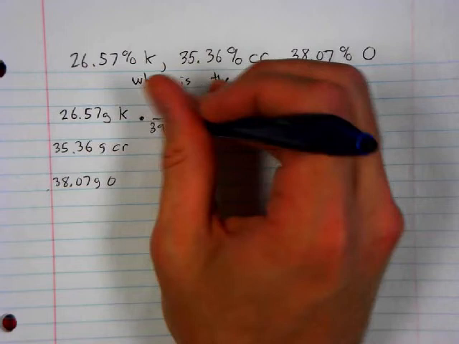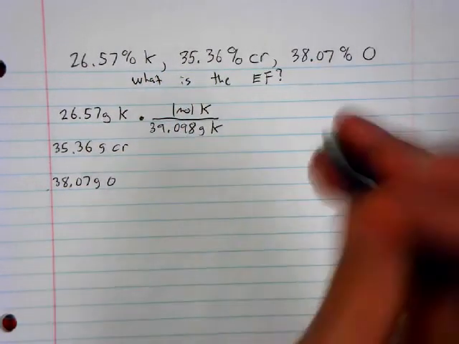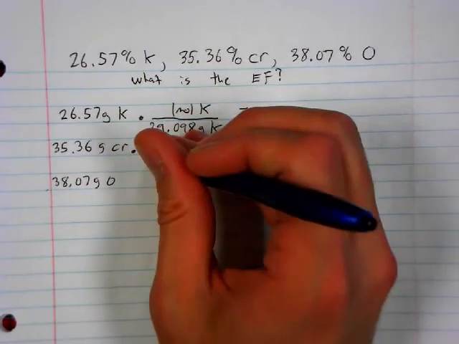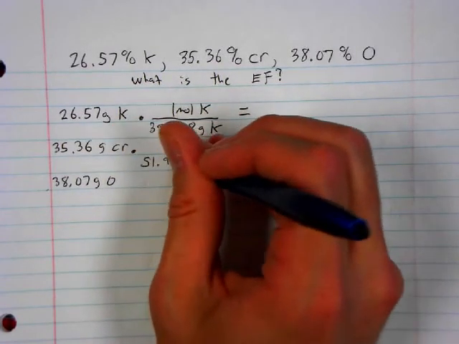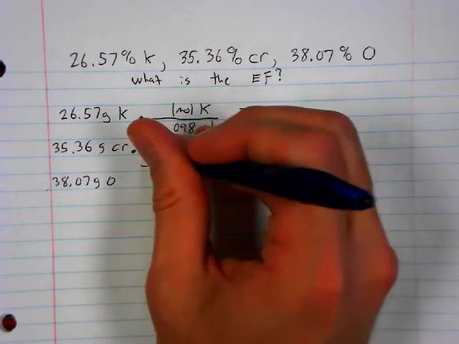I'm going to convert all of these to moles. This is what we were talking about on Monday. So times 39.098 grams of potassium and 1 mole of potassium. This is the mass from the periodic table.